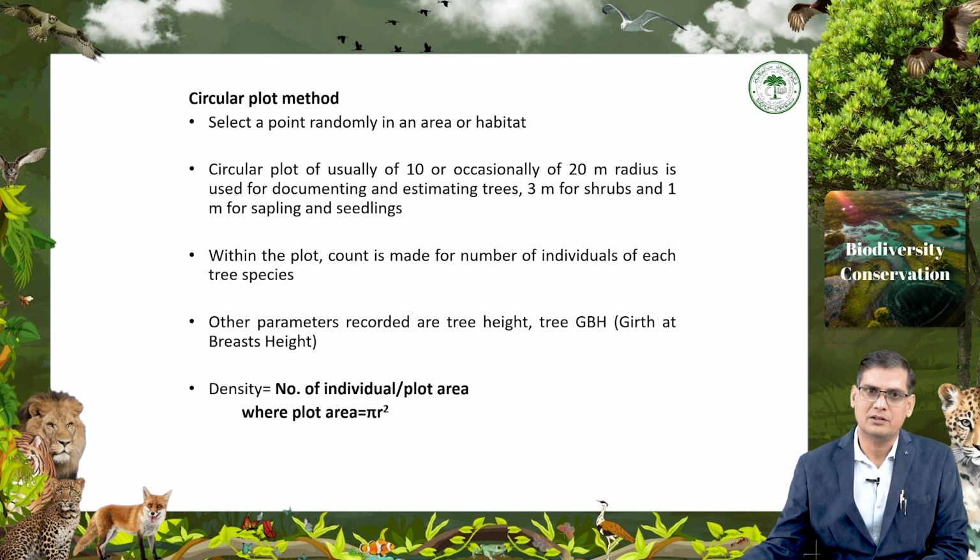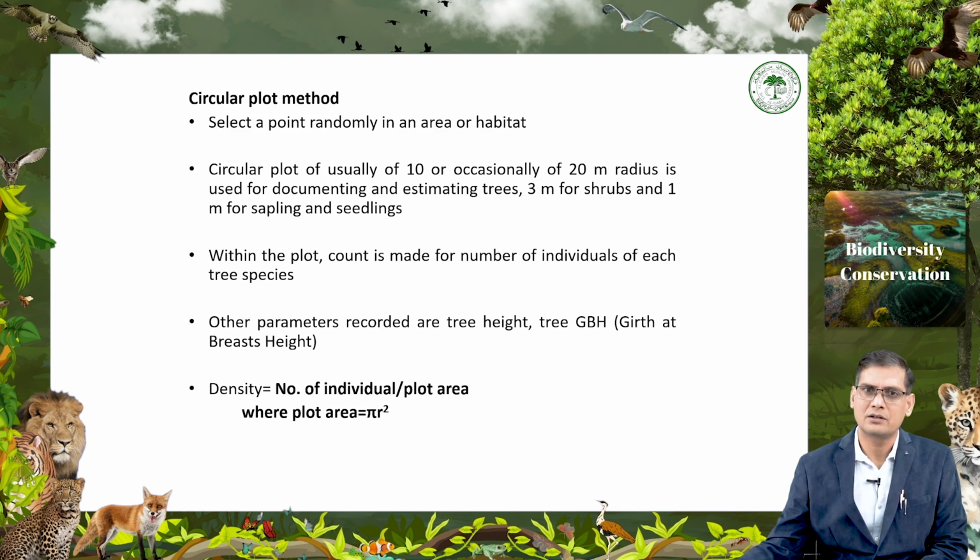Circular plot method. Select a point randomly in an area or a habitat, or select a point on a transect. Then, a circular plot of usually 10 or occasionally 20 meter radius is used for documenting and estimating trees, 3 meter for shrubs, and 1 meter for saplings and seedlings.